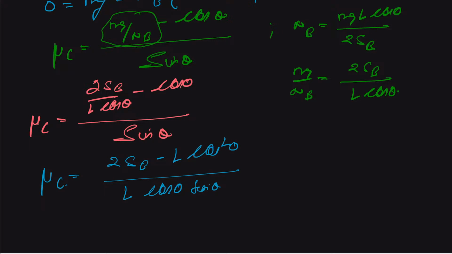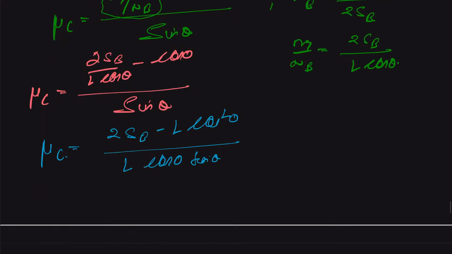And S of B is 1 minus cos theta divided by sine theta.